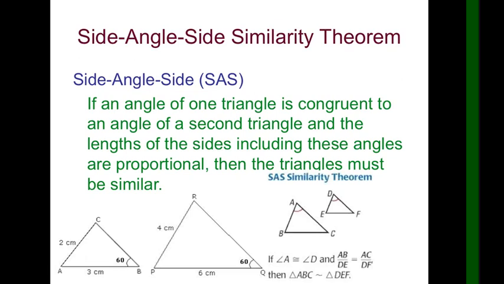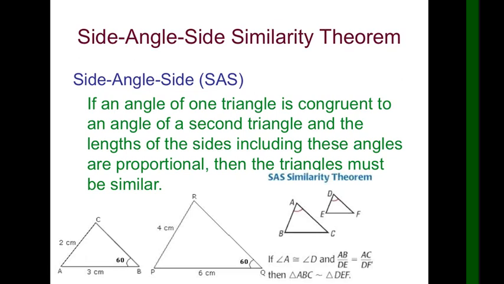If an angle of one triangle is congruent to an angle of the second triangle, and the lengths of the sides including these angles are proportional, then the triangles must be similar. When it comes to angle, wala tayong question dyan kasi ang angle ay pare-pareho lang naman. Pag sabing 60 degrees yung nasa loob ng isang triangle, therefore 60 degrees.